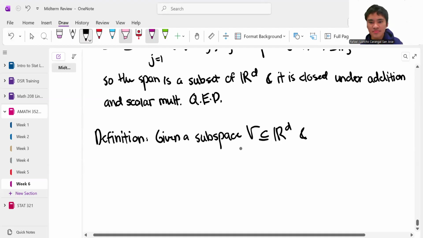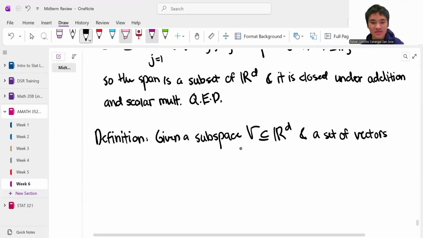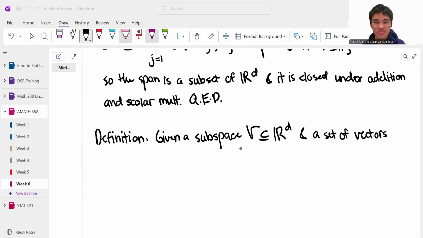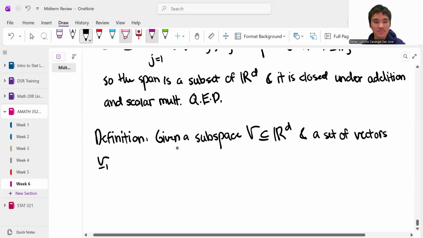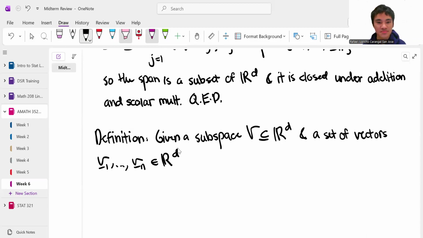And a set of vectors. Next time I'm actually going to write the set itself. And these vectors are in d dimensions.